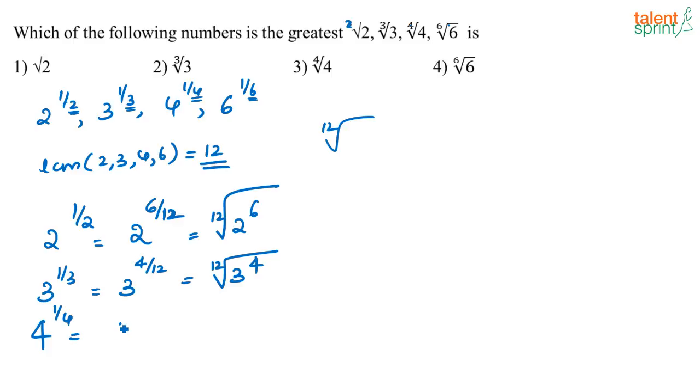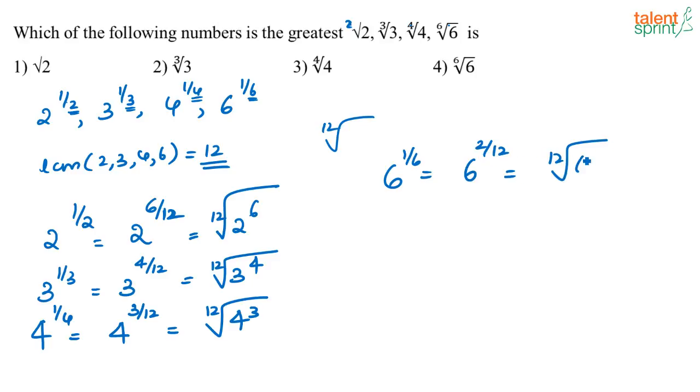You can write it as 4 to the power of 3 by 12, that is the 12th root of 4 cube. Then the last number, 6 to the power 1 by 6, is nothing but 6 to the power 2 by 12, that is equal to the 12th root of 6 squared.